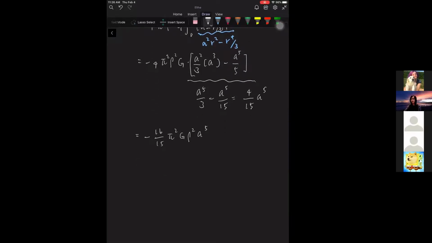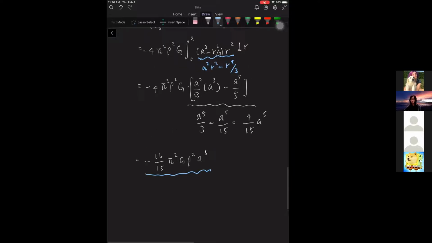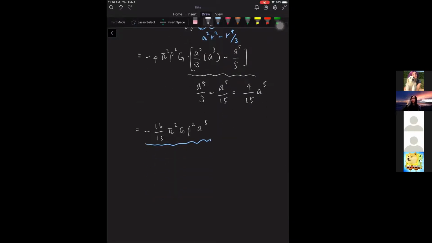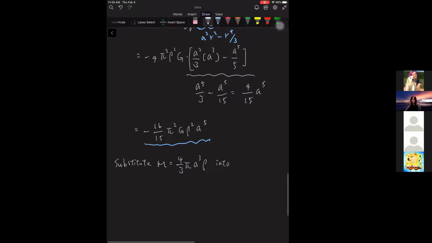Okay, so now we have the gravitational potential energy, and if we substitute the mass into this equation, the mass in our case is just the volume times rho, and we substitute this into the potential energy here, then we will get a more familiar form, the general form of potential energy, which is in terms of gm squared over r.